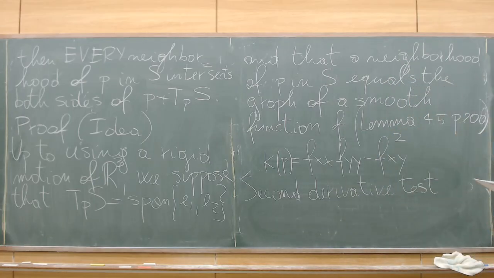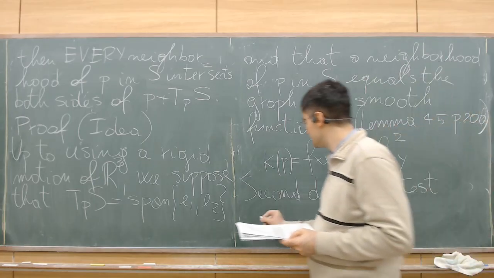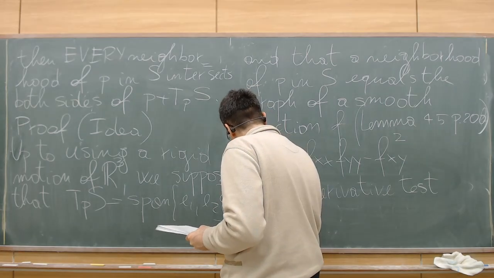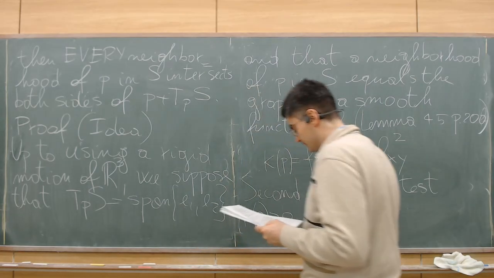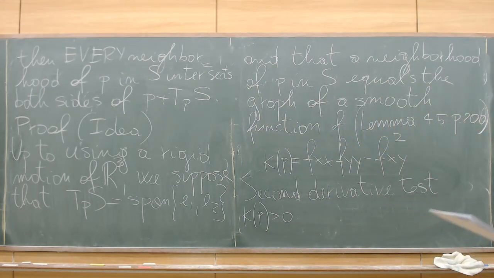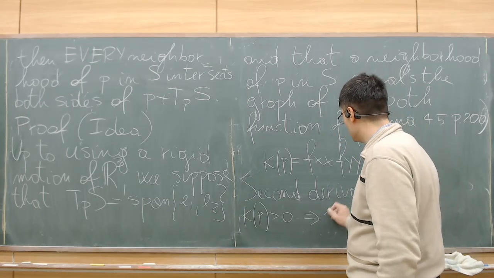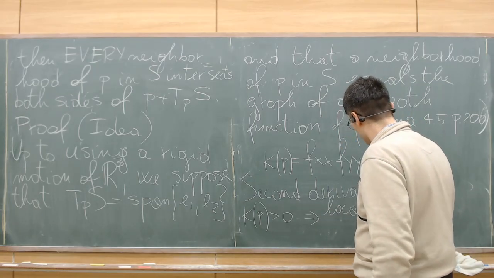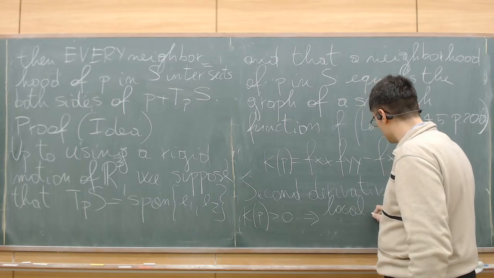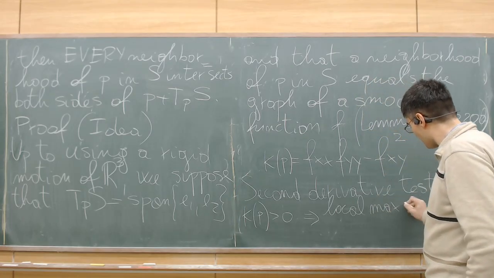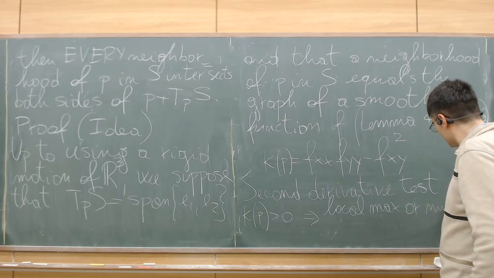So if Kp is positive, then we have that P is a local maximum or minimum.